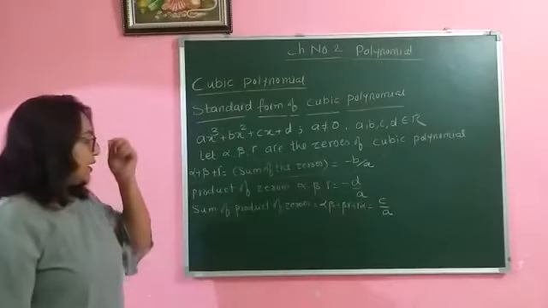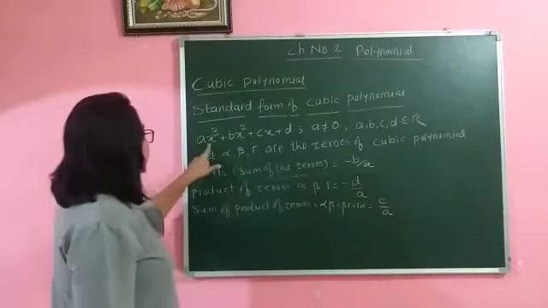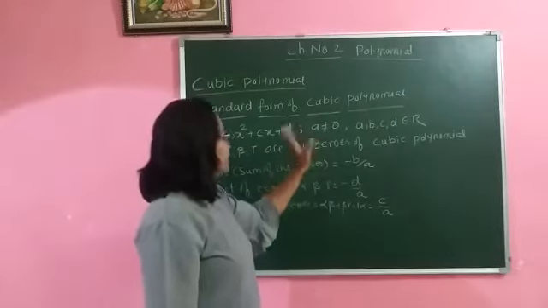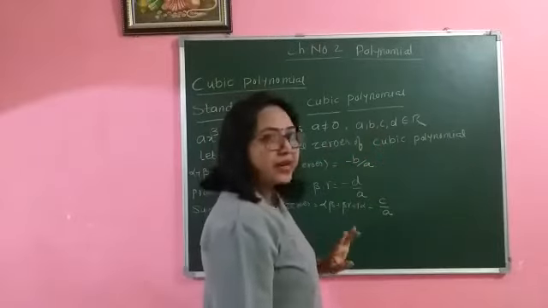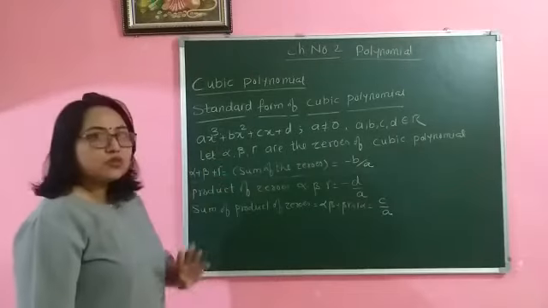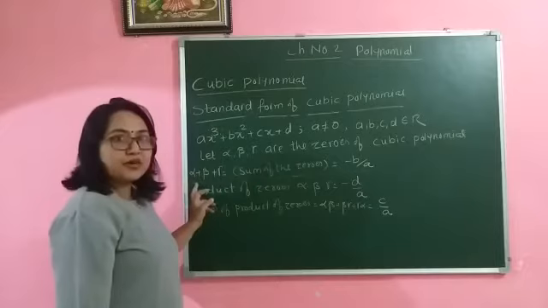Again I am repeating: the standard form of cubic polynomial is ax cube plus bx square plus cx plus d equal to 0, where a is not equal to 0, and a, b, c, d belong to R, that is, a, b, c, d are real numbers. At most 3 zeros you will get, say alpha, beta, gamma. How to find the sum of the zeros?